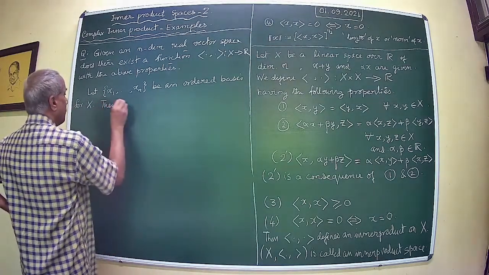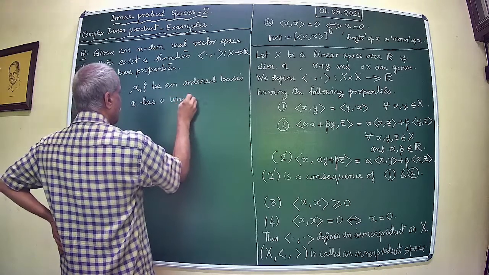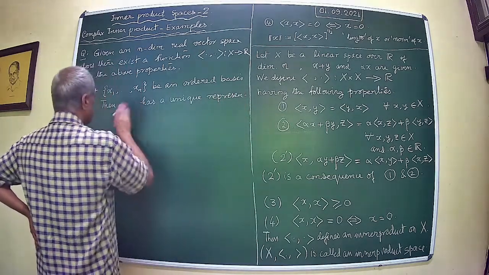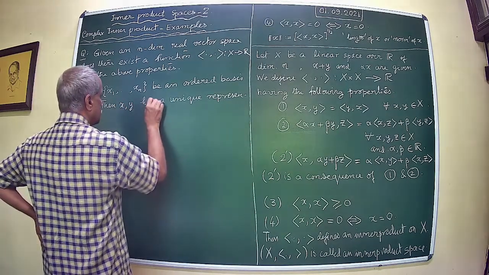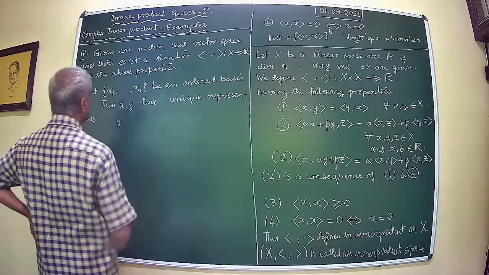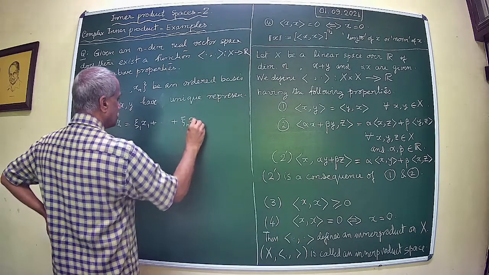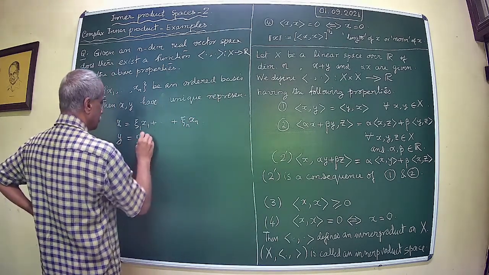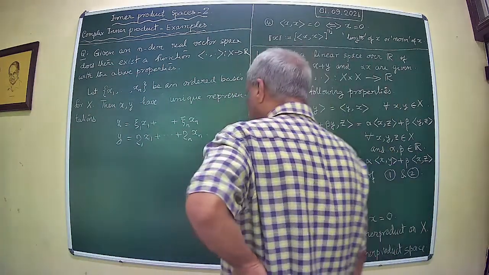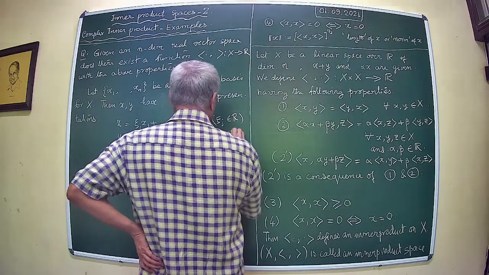Then X is uniquely represented by these, and the psi 1, psi 2, ..., psi n, so psi j, they are uniquely determined.